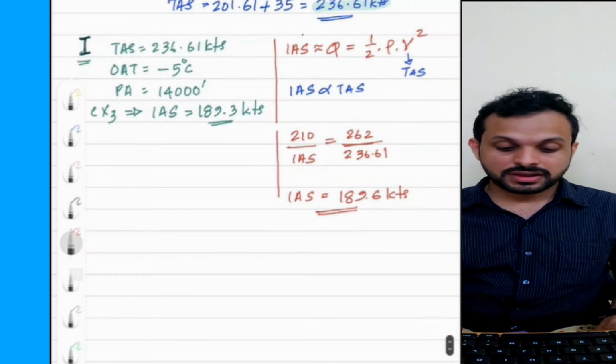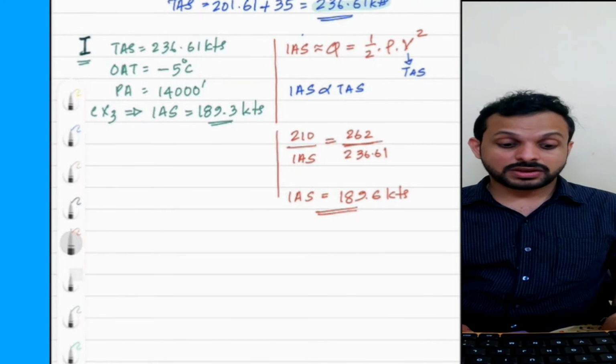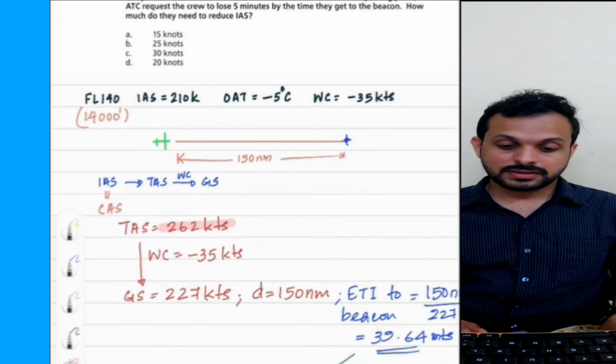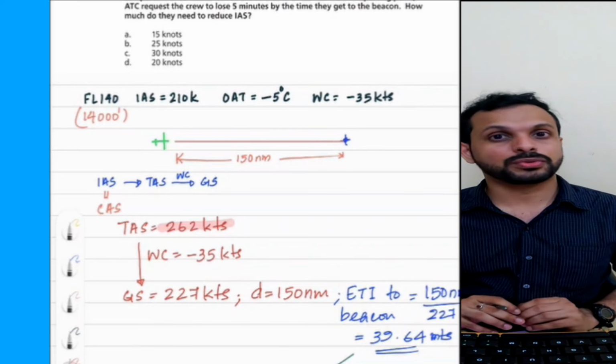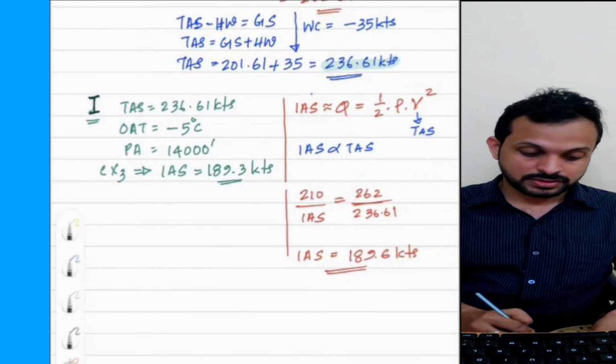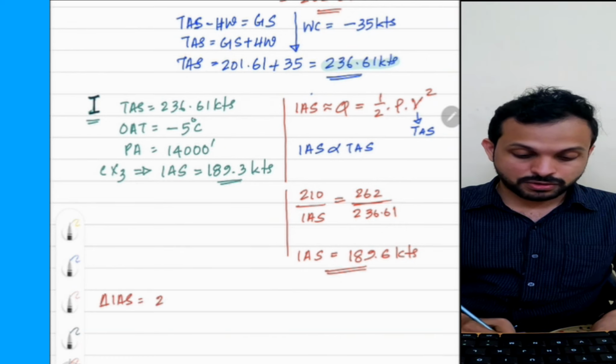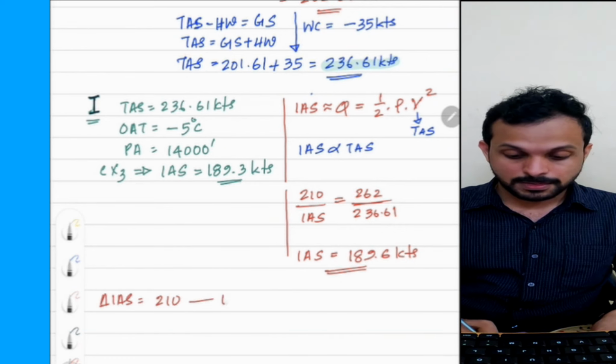All right, so indicated airspeed is 189 knots or 189.6 knots, and you are asked to find the amount by which you need to reduce indicated airspeed. The initial indicated airspeed is 210 knots. So the change in indicated airspeed required is 210 knots minus 189.